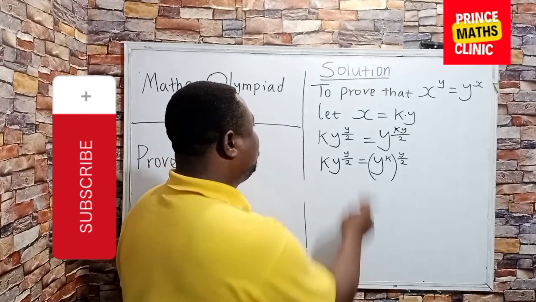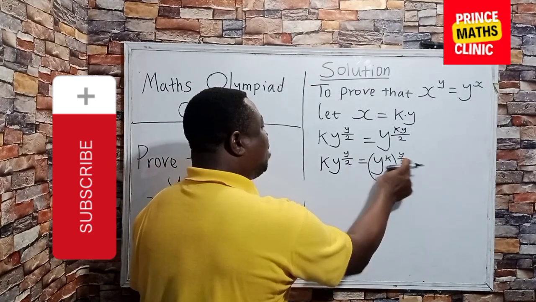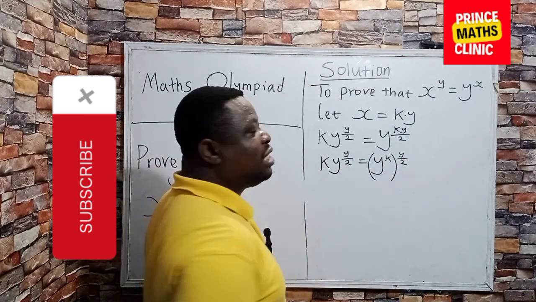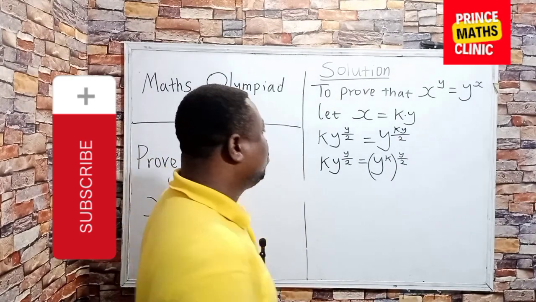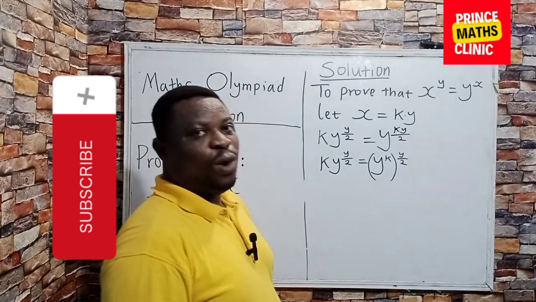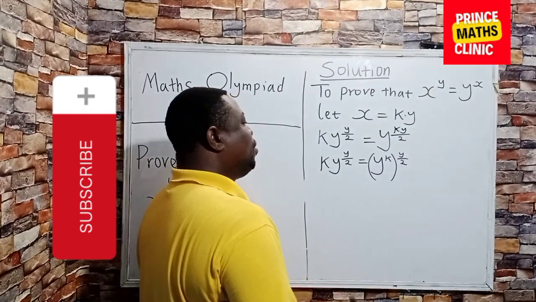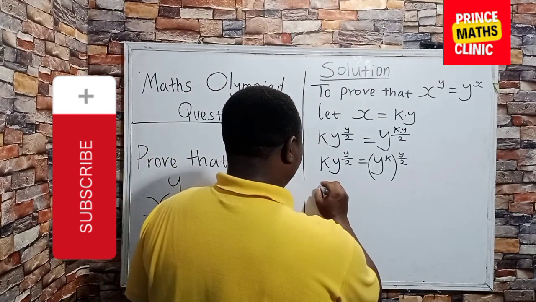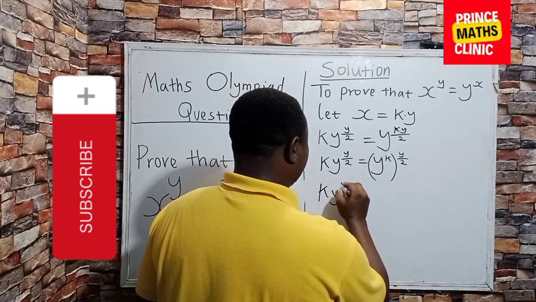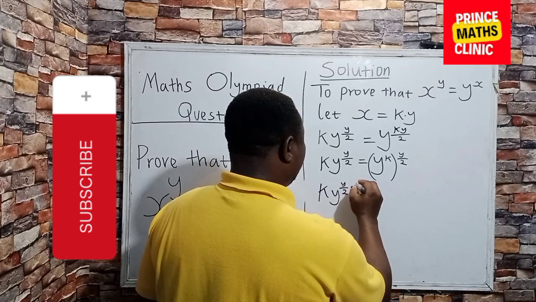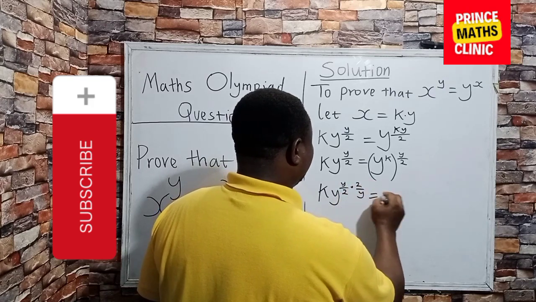Now, what do you observe? You observe that the powers are the same. And in indices, when the powers are the same, the bases are equal. Or, in this case, you can multiply both powers by the inverse of the power. Y over 2 here will multiply 2 over y.